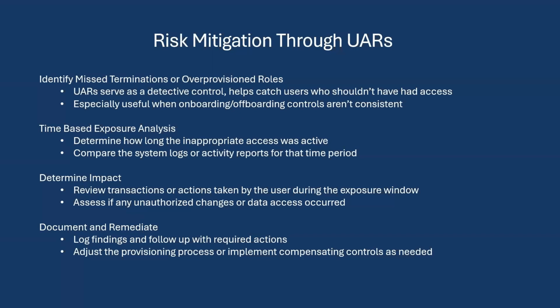And then you'd want to document this exposure analysis. Then you look at the root cause and see what to fix from the controls perspective from then on. Typically it's an onboarding or, more often, an offboarding problem. With root cause for terminations and inappropriate access, there's typically a disconnect between HR, finance and accounting, and IT.